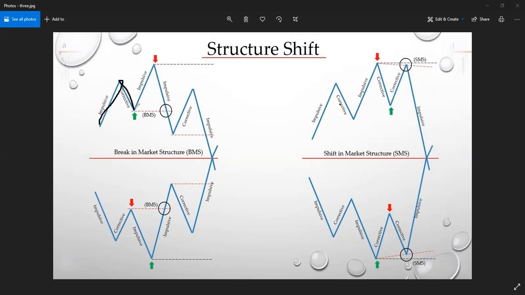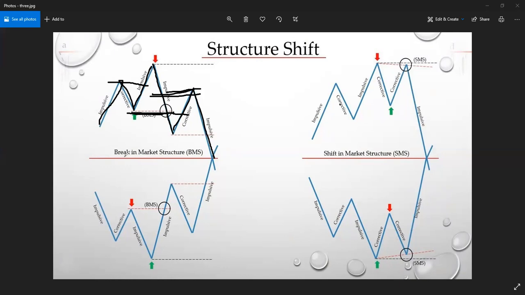This is a correction. This is an impulse. Here was our last high in the market, and here was our last low. You see, when the market came down again, it broke the last correction. This last correction that is broken, you see, a break of structure has occurred. The market has to go back and retake 50% of this break of structure to move down. That is a break of structure.